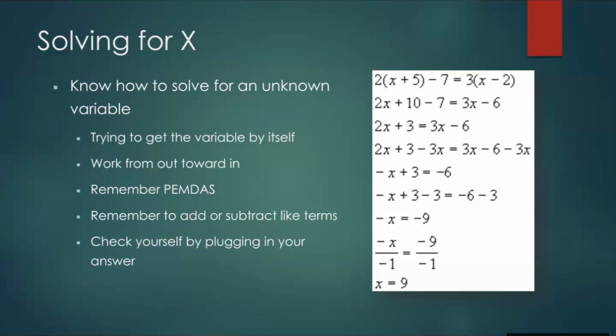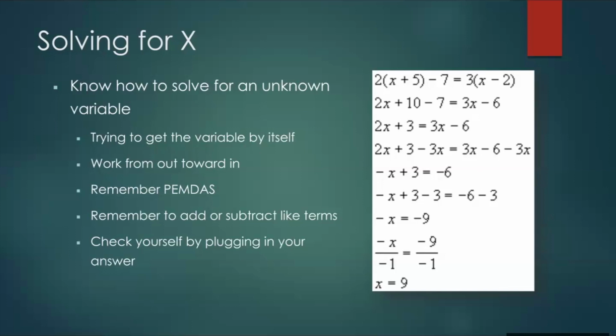We need to try to get the variable by itself, working from the outside towards the inside. Remember PEMDAS, always remember PEMDAS in every problem that you do. Sometimes it might not be relevant, but you always want to keep it in the back of your mind for when it is relevant. Also, remember to add or subtract like terms and check yourself by plugging the answer you get back into the variable.